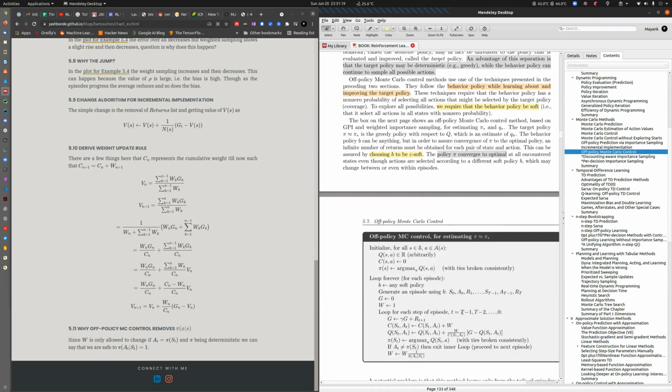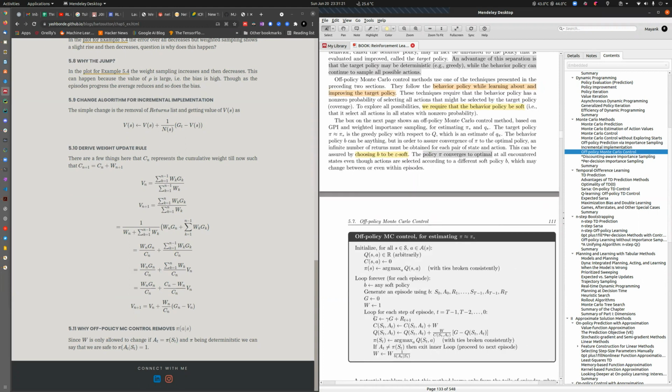So if we look at this algorithm here, we can see that the policy that we initialize with is the arg max of the q values of the state-action pairs.